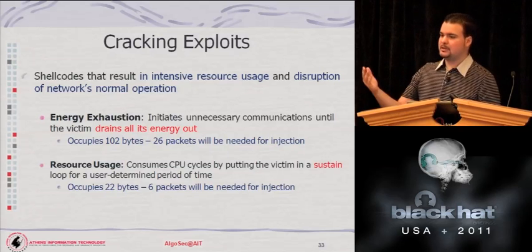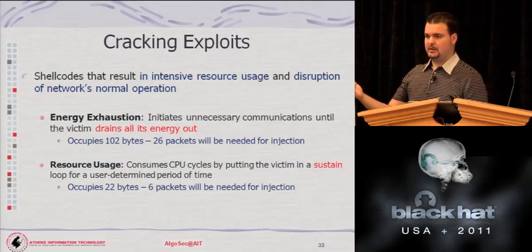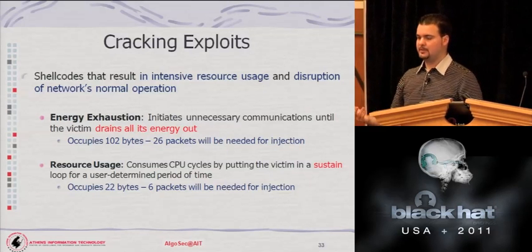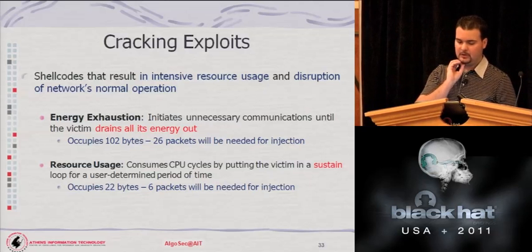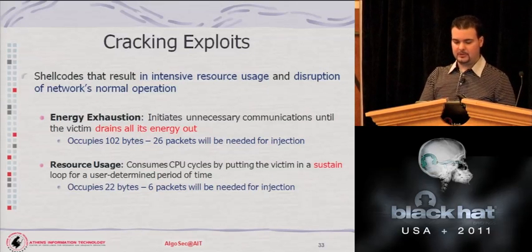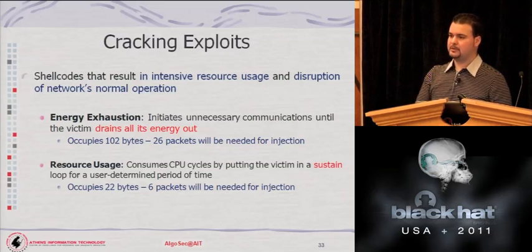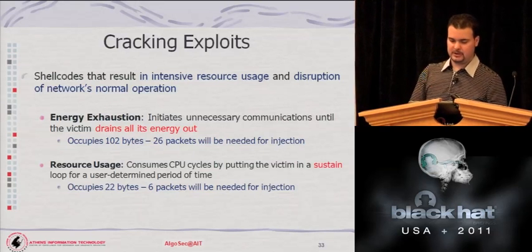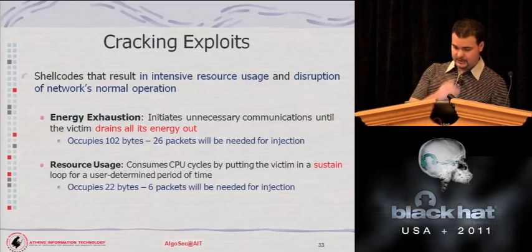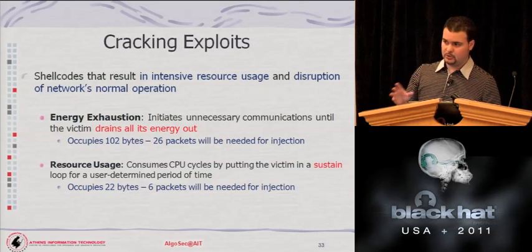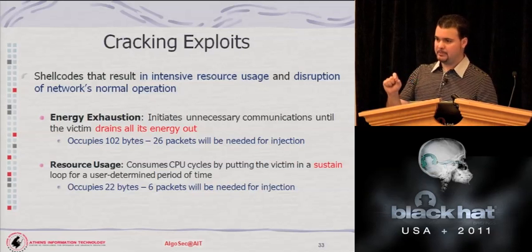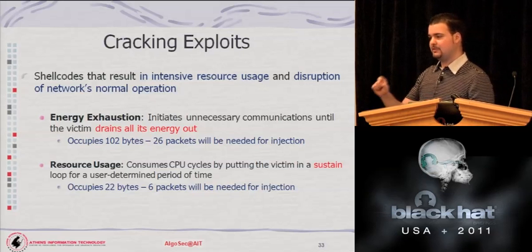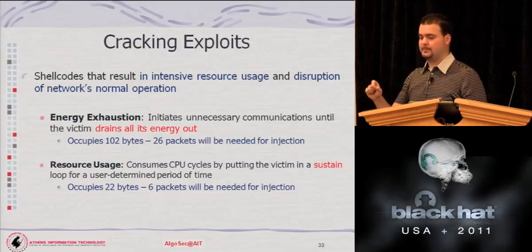But if you transmit, let's say, 28 packets, the full message size, then eventually it will drain all its energy out. It occupies 102 bytes, so 26 packets will be needed for injecting this kind of exploit. Then we have the resource usage. Okay. So what this does is tell the node to consume CPU cycles for a specific time period. The time period, again, is given by the user as an exploit argument.